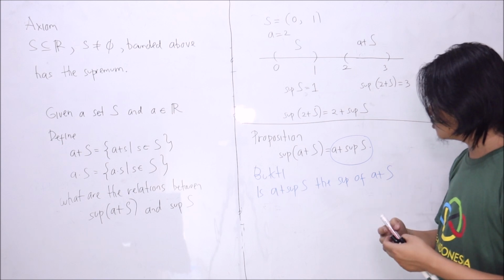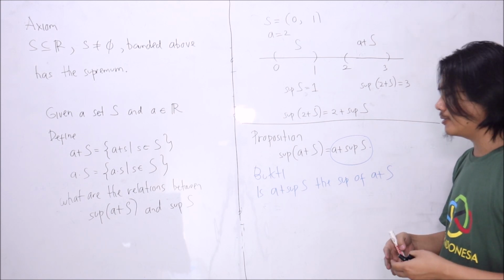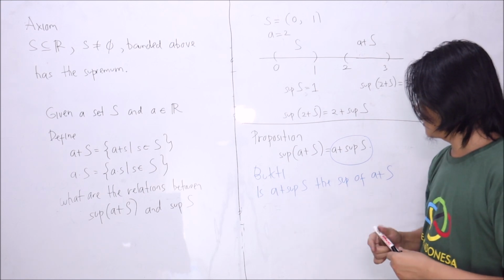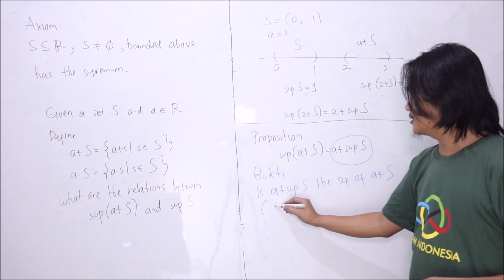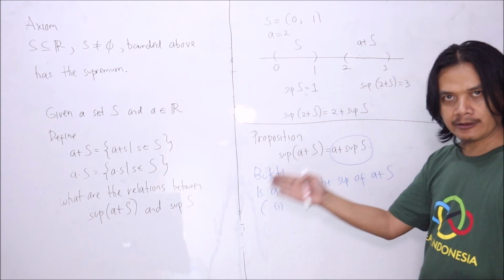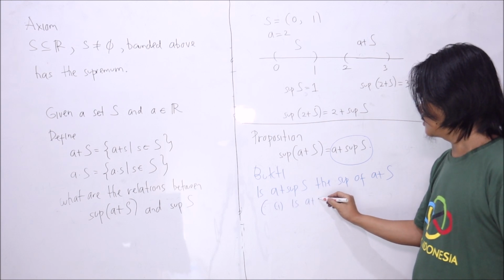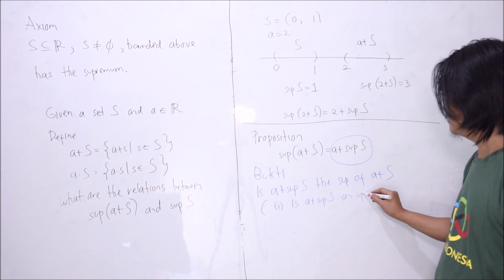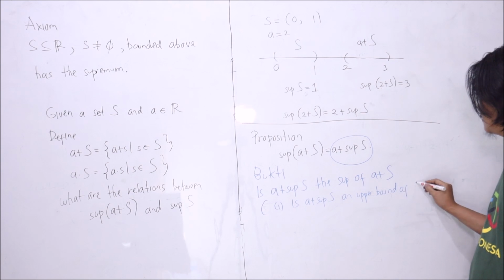So let's recap again what it is. What does it mean to be a supremum of a set? That number first needs to be an upper bound. So answering this question is the same thing as answering the first question: is A plus sup S an upper bound of A plus S?